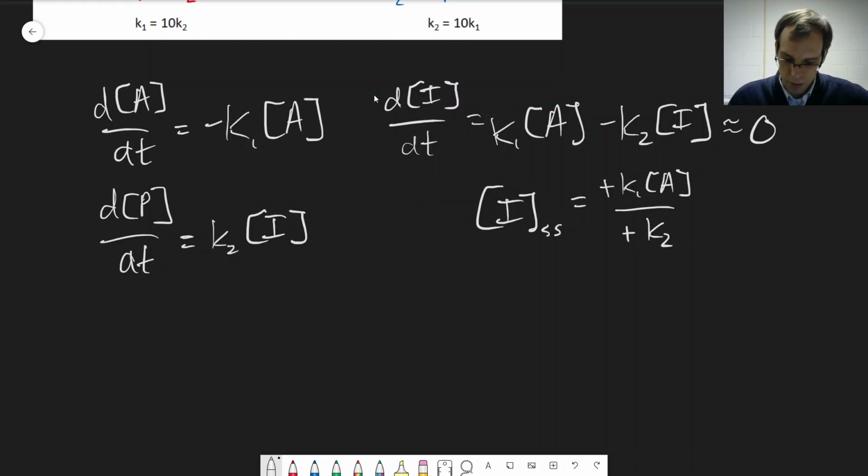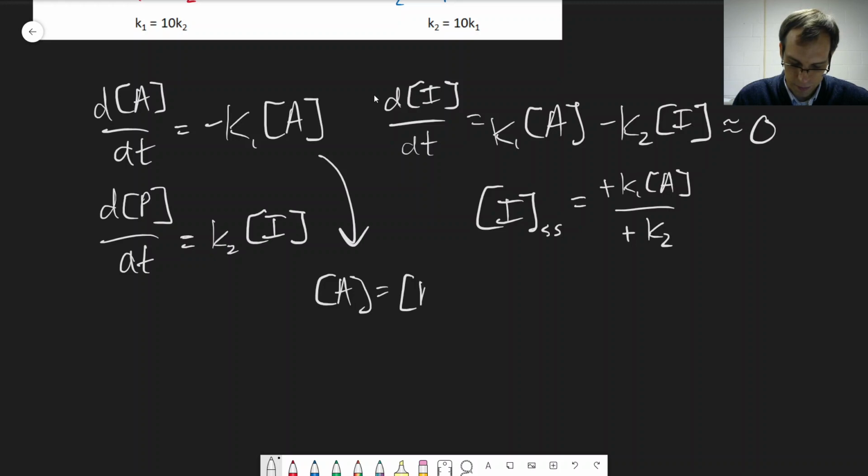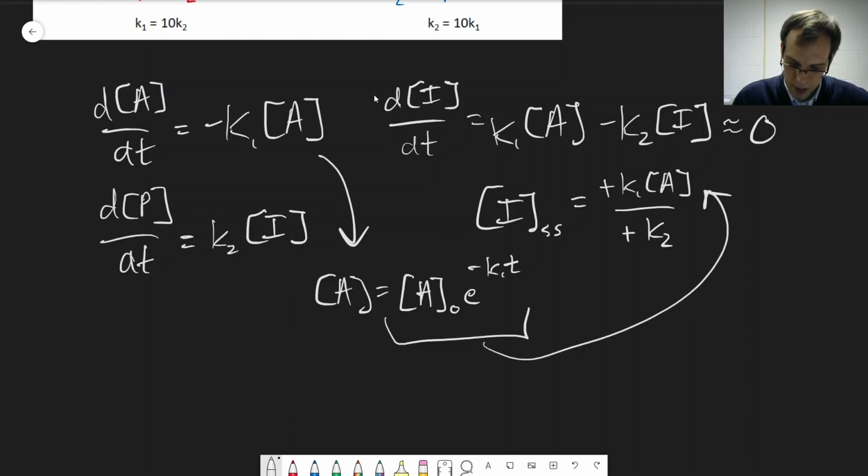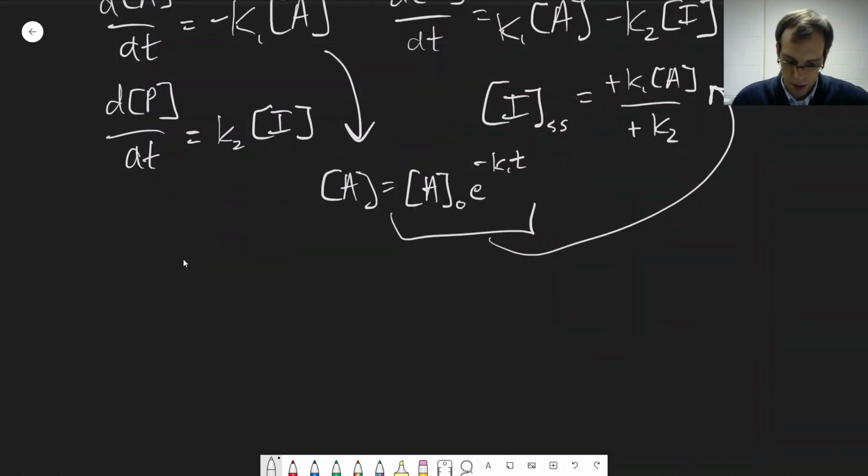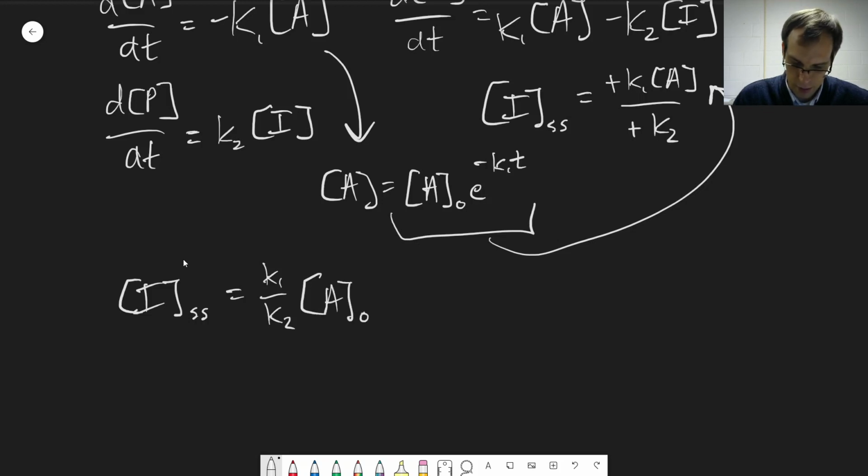We can also use what we know about the concentration of A. This is the equation that we saw before. And so we can plug this expression in for A here, and we will get that the steady state concentration of our intermediate is equal to K1 over K2 times A naught e to the minus K1 t.